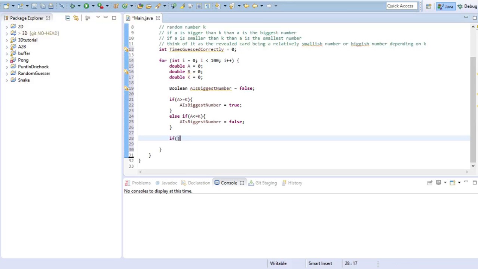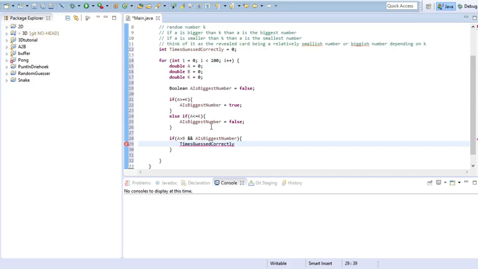So if A is bigger than B and A is the biggest number, then times guessed correctly plus plus. I think I'm heading the right direction with this.